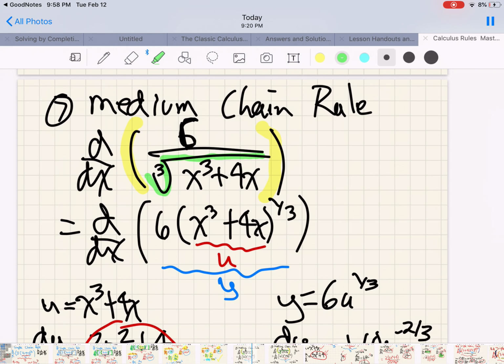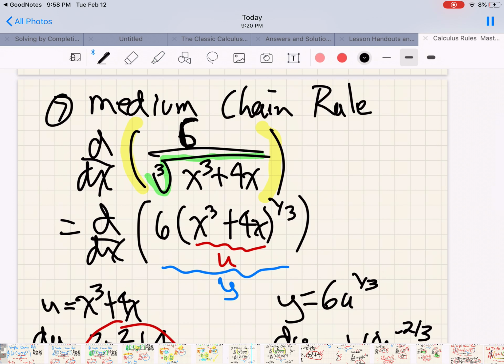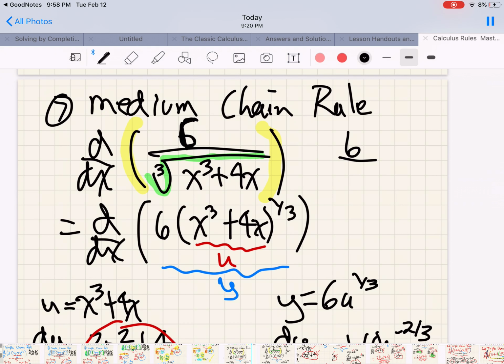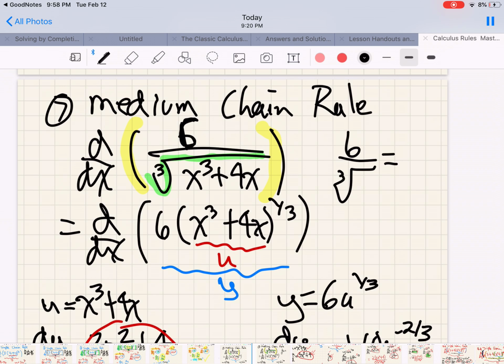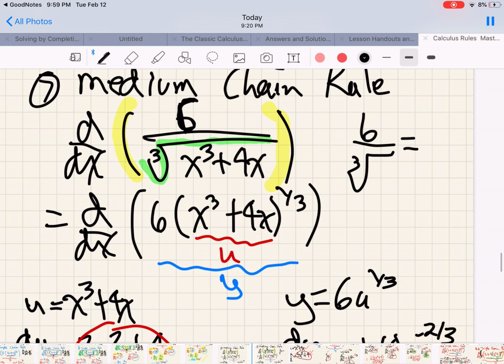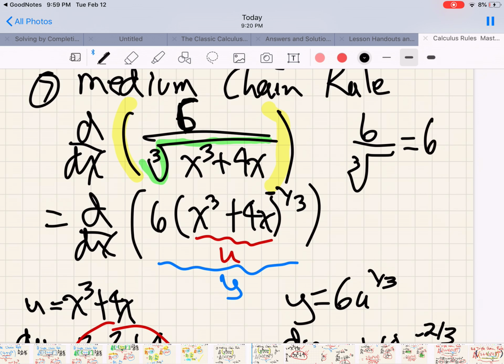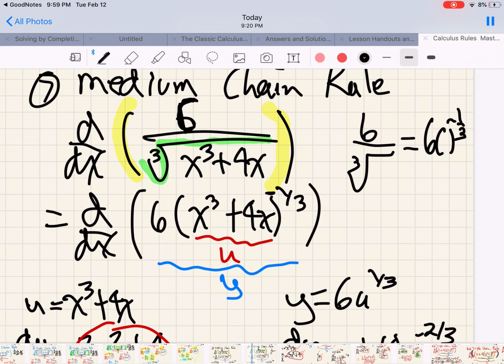Okay, so first thing we notice is that I've got 6 over the cube root of something, which I'm going to rewrite as 6 multiplied by something to the negative 1/3.